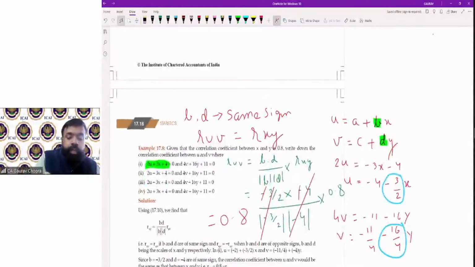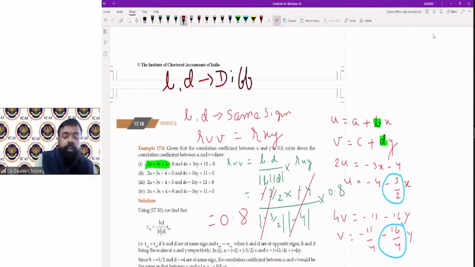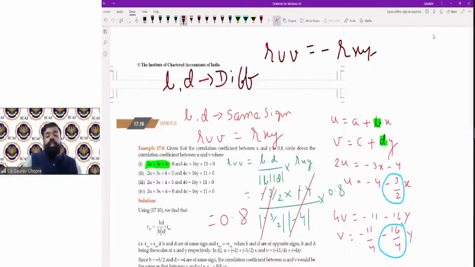But if the signs are different, if B and D have different sign, then RUV is equal to negative of RXY, दोनों का साइन चेंज हो जाएगा.